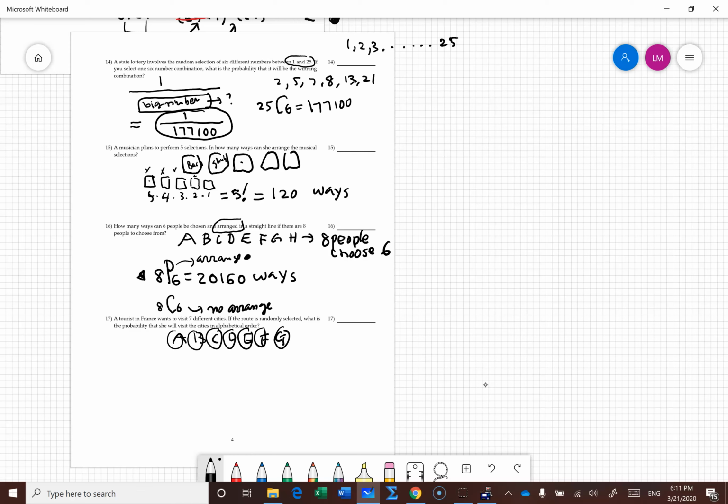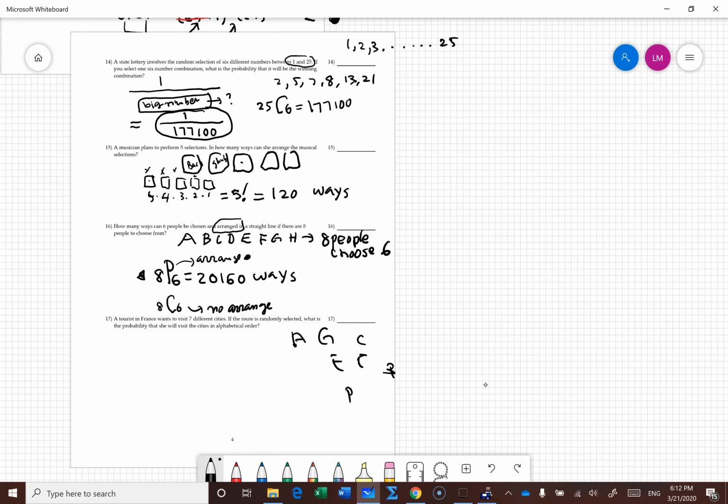They're all different cities: A is there, B is there, C, D, E, F, G. So what is the probability that she will visit the cities in alphabetical order?